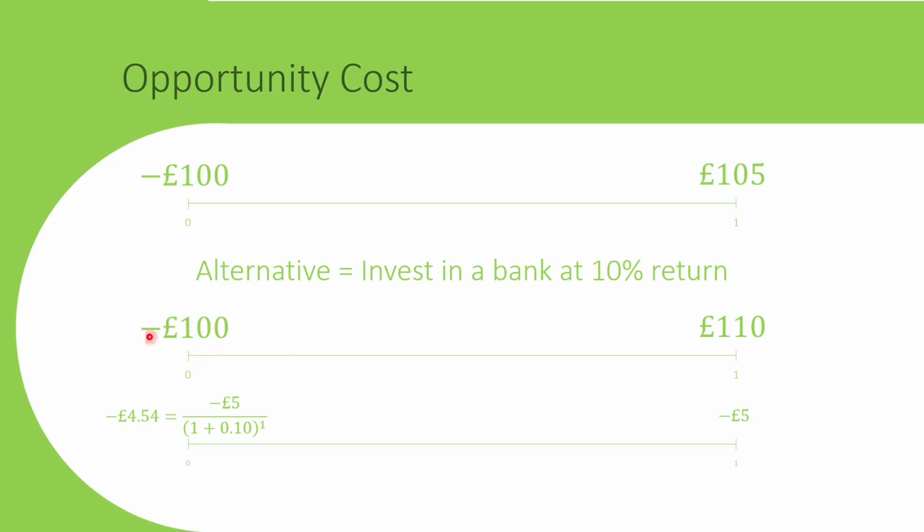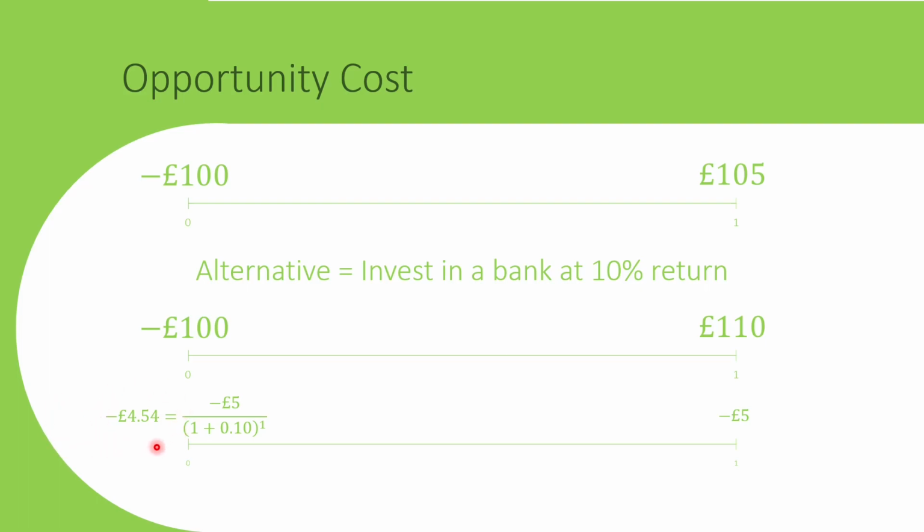Right. So you can see as soon as we introduce an opportunity cost, a next best alternative, whatever you would have done with the money otherwise, you can suddenly compare the options that are open to you against this benchmark and see whether it's better or worse. In this particular case, it's worse because it's giving you a negative payoff, right?